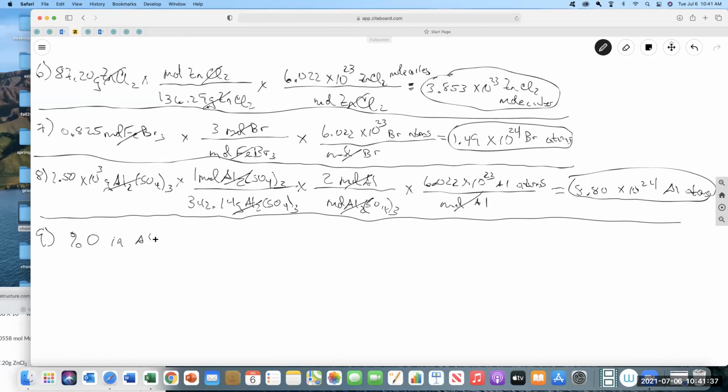The thing about a formula is it's good no matter how much. It doesn't really matter how much of the compound, it's percent by mass. So we want grams of oxygen over grams of Al2(SO4)3, and then of course times 100 to make it a percent.